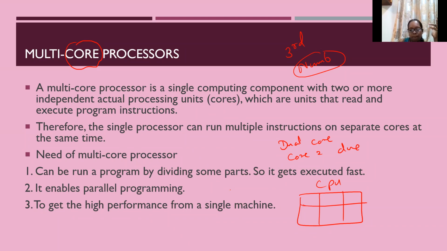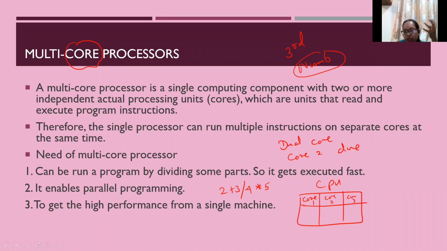Say there's a huge calculation to be done, like this. Now the CPU has several cores, core 1, core 2, core 3. When the number of cores increases in the CPU, the efficiency of the CPU will increase.